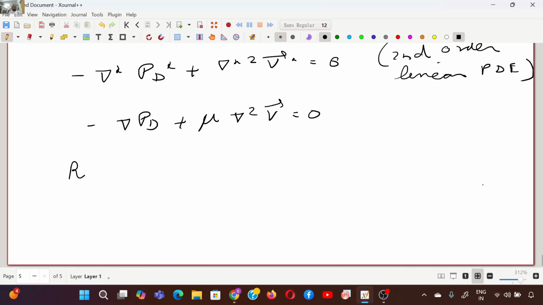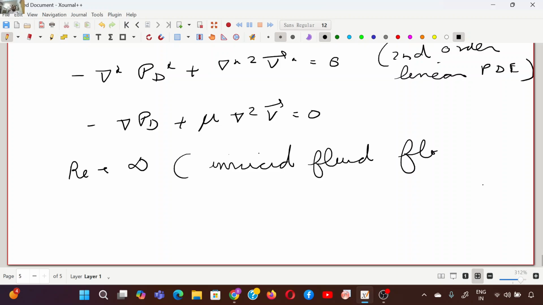The other case is when Reynolds number tends to infinity. Consider this as inviscid fluid flow because mu is absent.